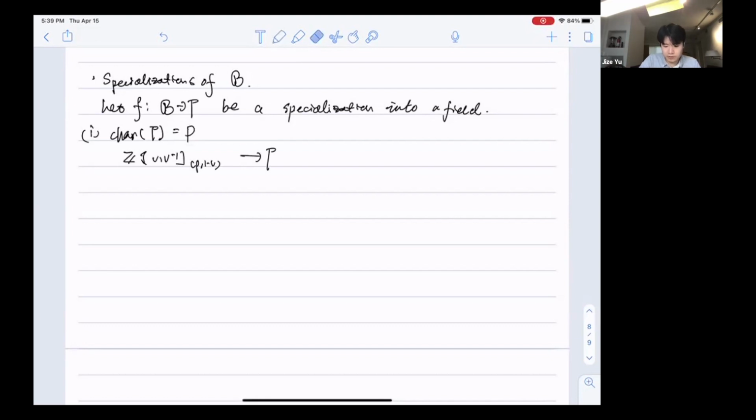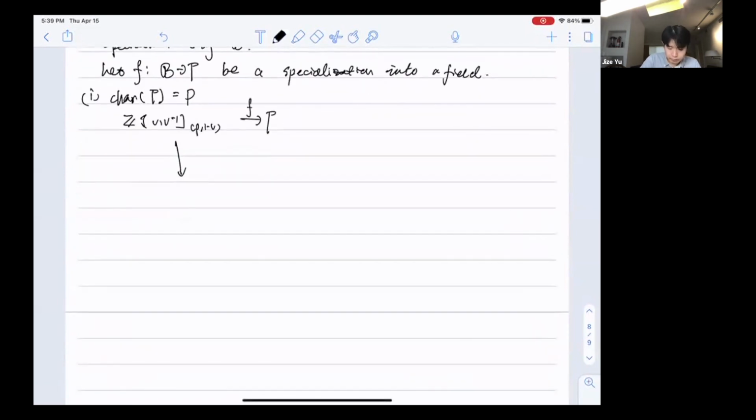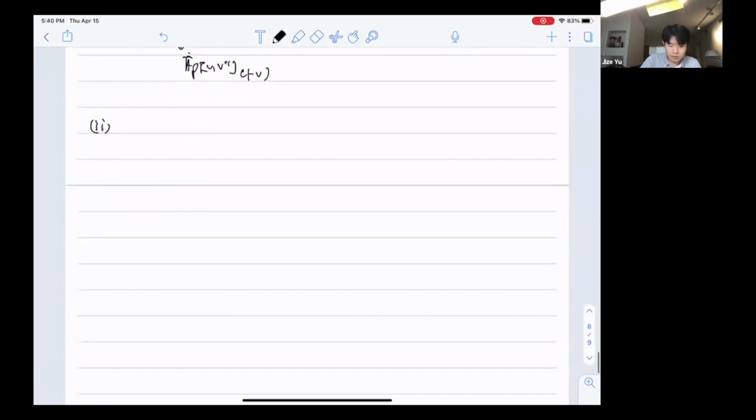So if the field gamma has characteristic p, then we know this map essentially factors through F_p, v inverse, localized at 1 minus v. And we can derive that the image of v must be 1.